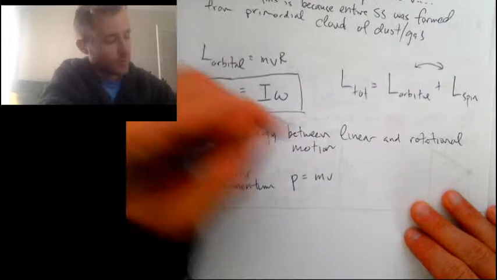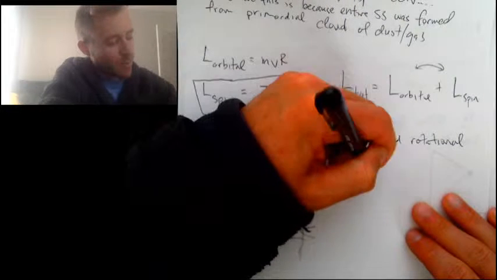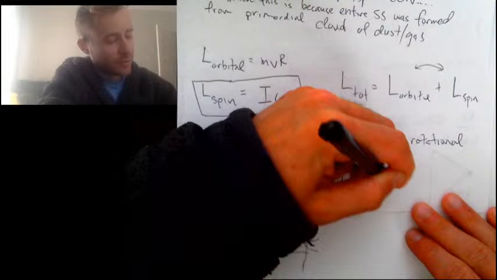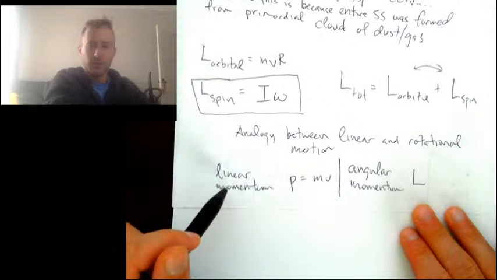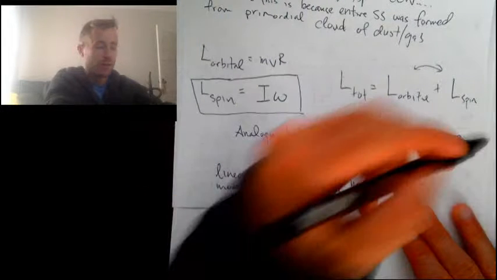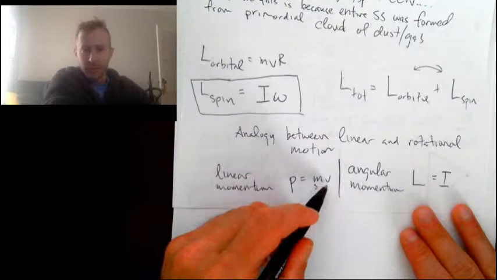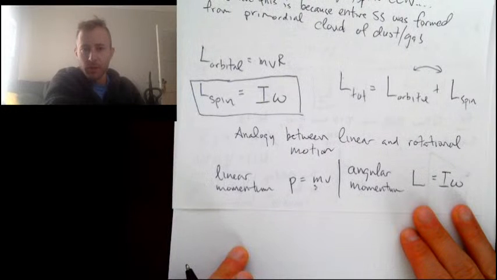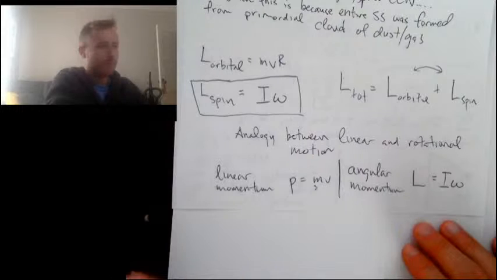Angular momentum, at least the spin form of angular momentum, is analogous to linear momentum. So what is analogous to mass? Inertia is analogous to mass. What is analogous to linear speed? Angular speed. So the formula is exactly the same. All right, so I think that's kind of interesting.